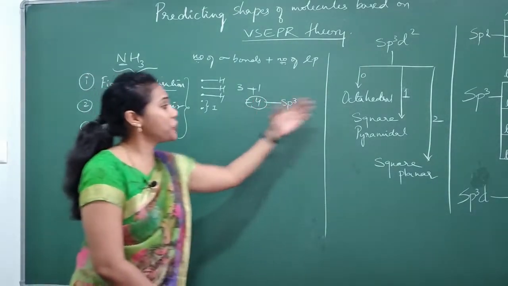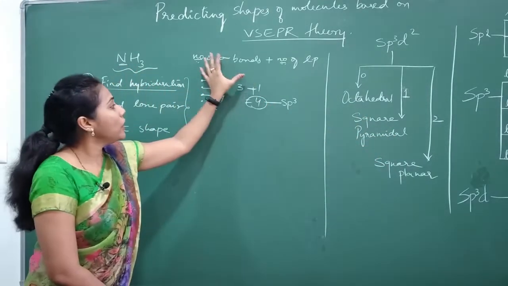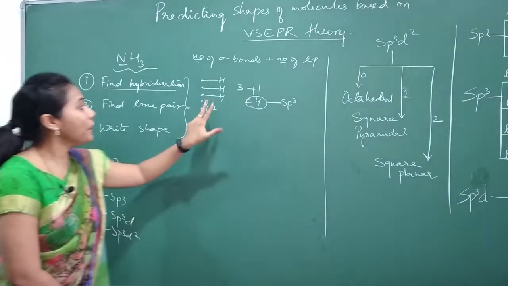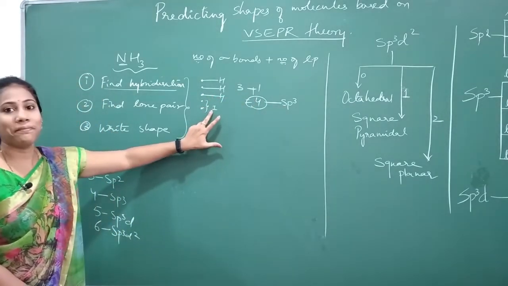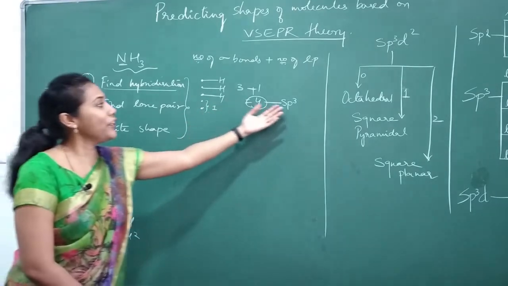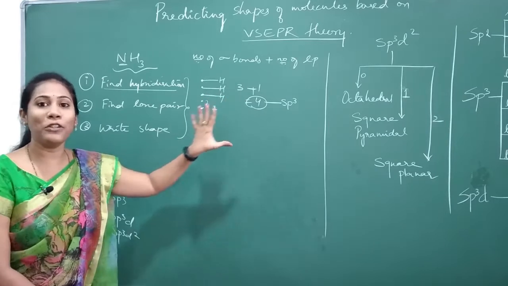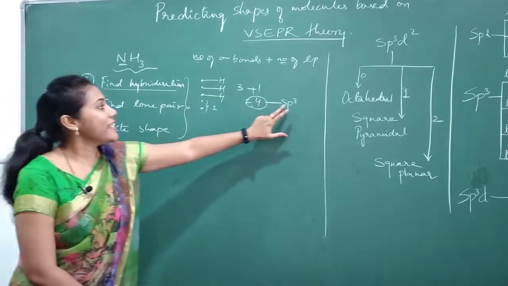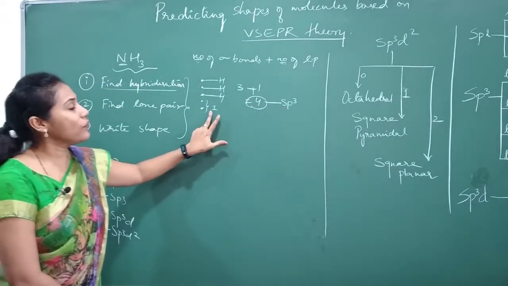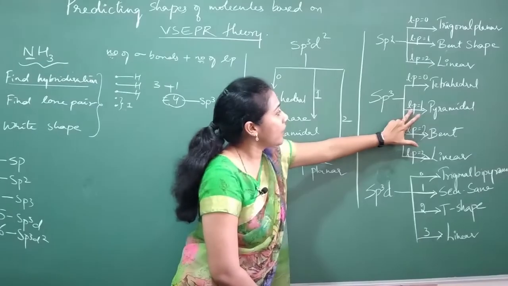Now check it over here. What will be the shape for ammonia? The molecule is having sp3 and how many lone pairs? See here, the trick can give you 2 ideas. One is what hybridization it is, and another is how many lone pairs are also there. So sp3 hybridization with 1 lone pair.